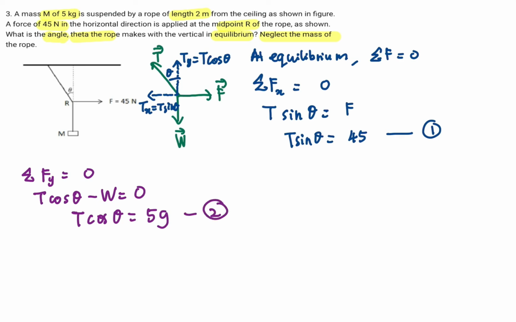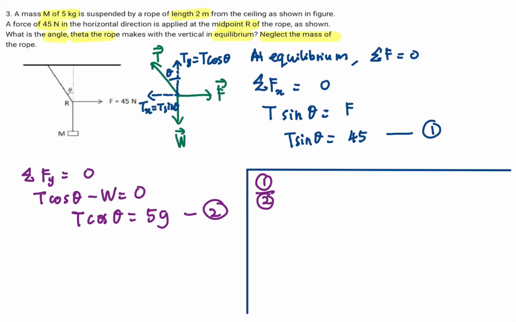Okay, and then divide the first and second equation. One divided by 2, so you will get T sin theta over T cos theta equal to 45 over 5g.